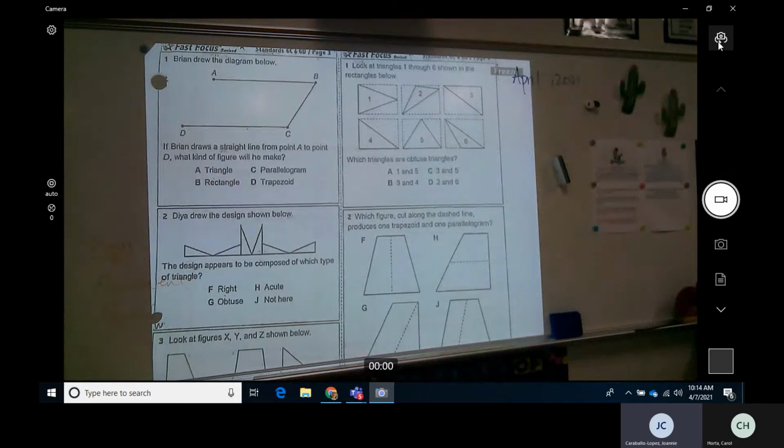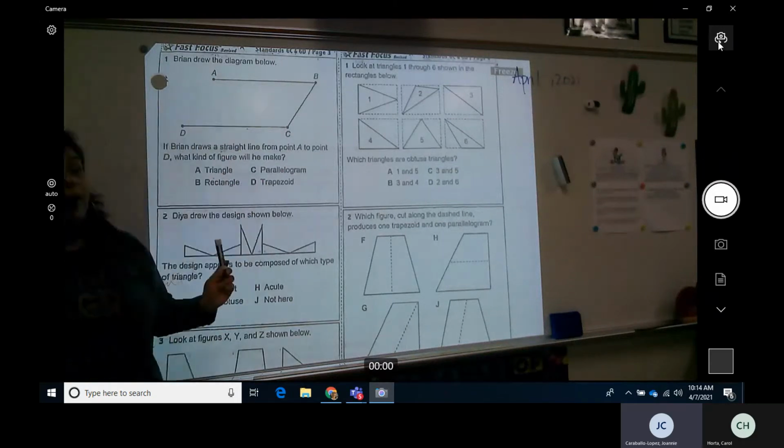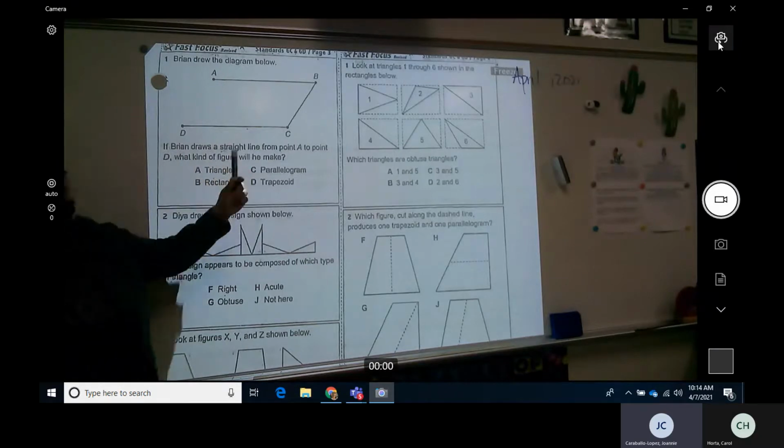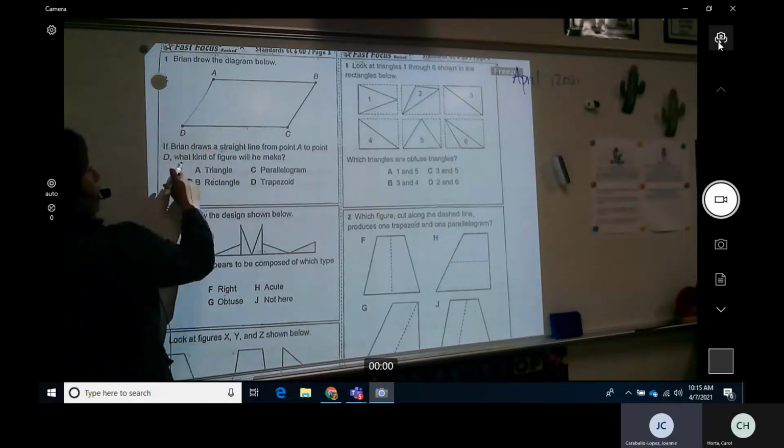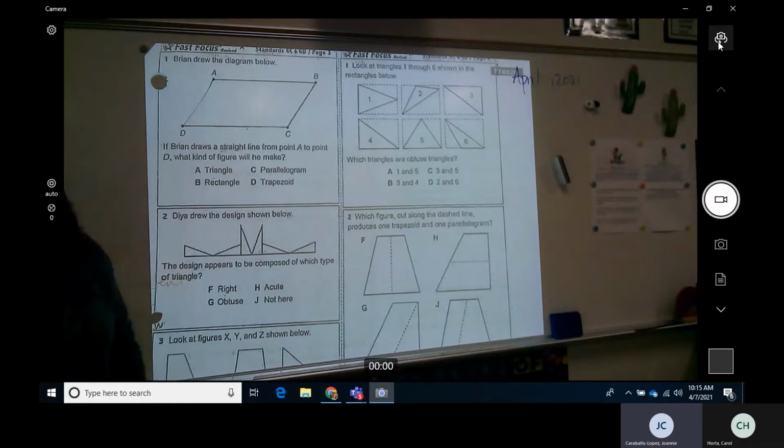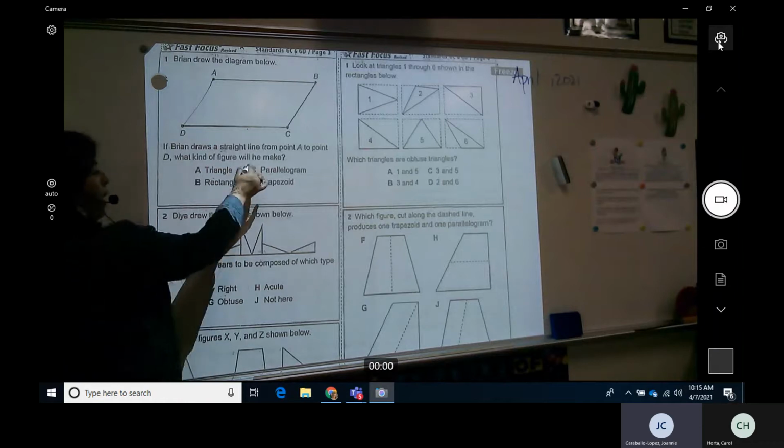Okay, so really quickly, on number 1, the direction said, Brian drew the diagram below. If Brian draws a straight line from point A to D, what kind of figure will he make? A parallelogram.